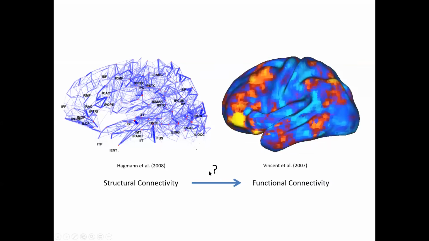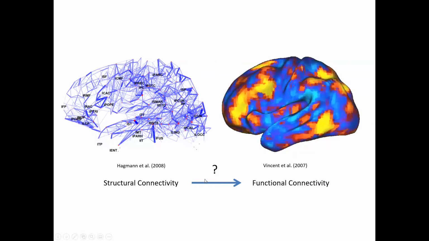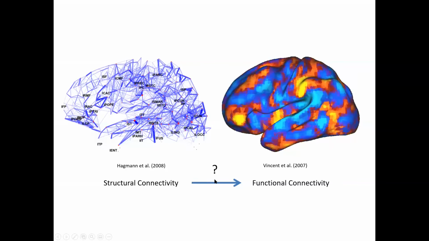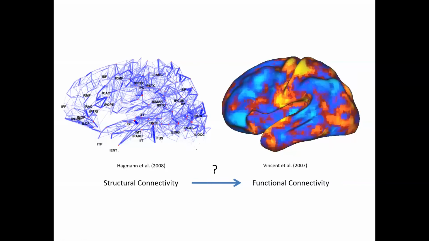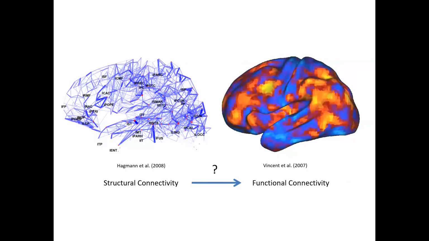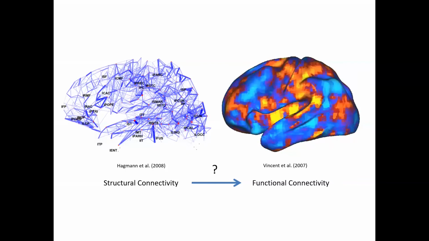It's one of the key questions, I think, in neuroscience. How does structure relate to function or dynamics or behavioral outcome? How do we get from neurons to behavior to cognition? That's ultimately the big challenge for all neuroscientists, really.